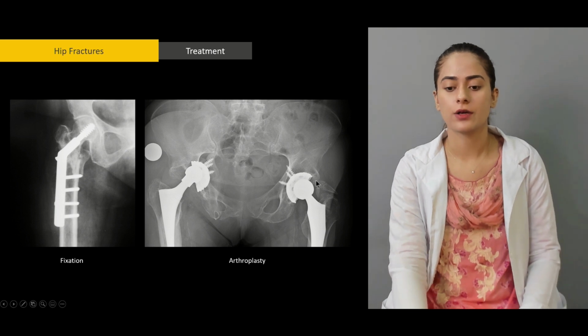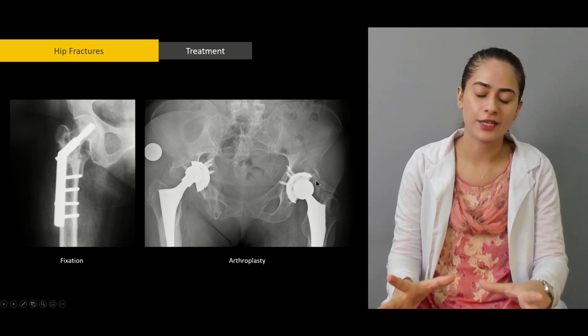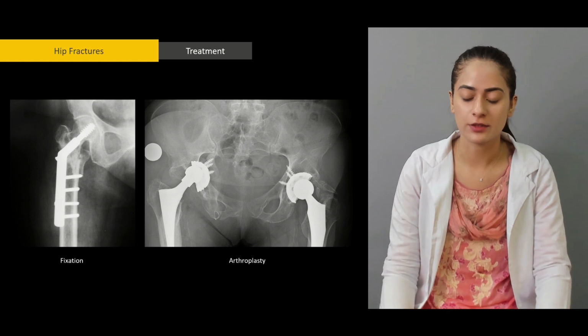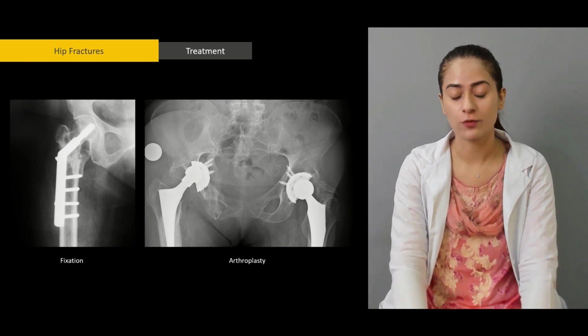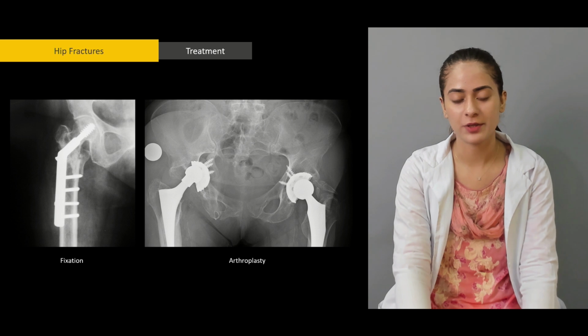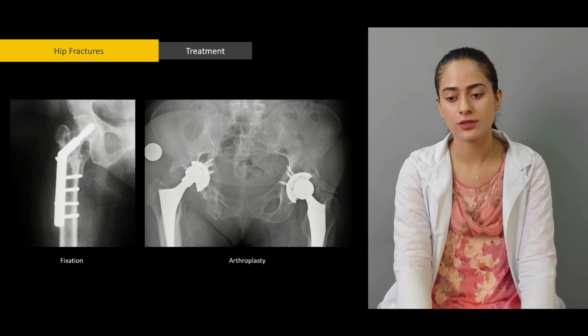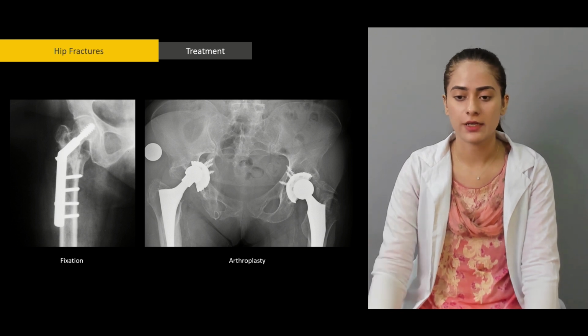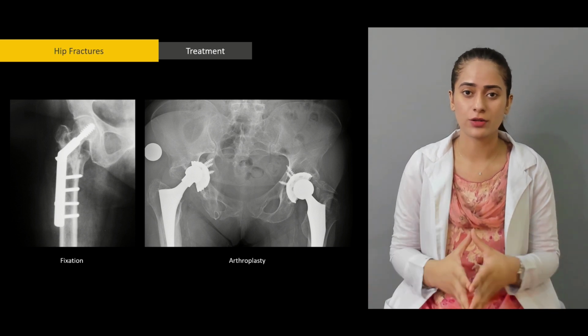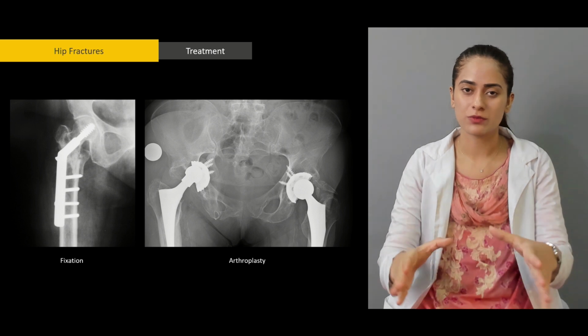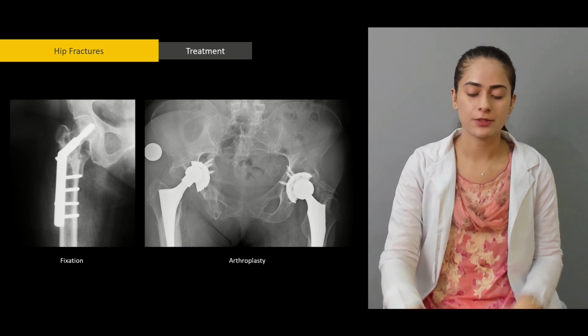So that is how you actually perform an arthroplasty, in very layman terms. So that was a little bit about the treatment of complex hip fractures or complex dislocations, because there are a lot of pulls on the bone fragments. So this can be a very good option.